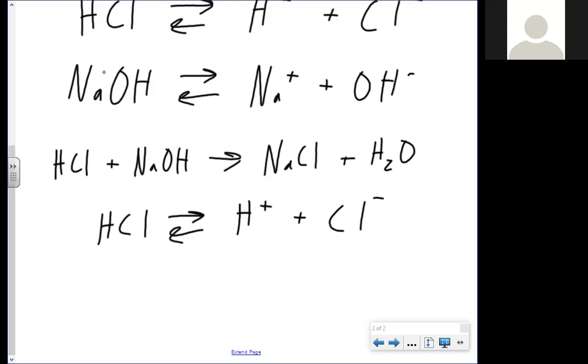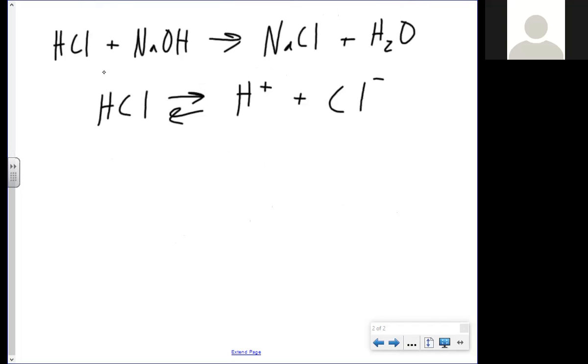Now, what you can do is you can shift this reaction by adding something to one side or the other. It's pretty straightforward. It's pretty easy to understand. When you have an equilibrium, if you add something to one side, it's going to shift the equilibrium to the other side. Okay? So if I add hydrochloric acid to this system, it's going to create more stuff on the right or the left.